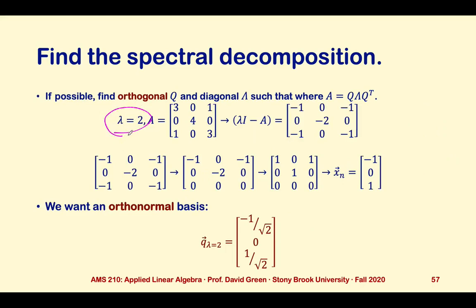Let's start with 2. Plug that into the expression lambda I minus A. 2 minus 3, 2 minus 2, 2 minus 3 gives us -1, -2, -1 on the diagonal. And the off-diagonal elements are just the negated off-diagonal elements of A. We want a basis for the null space of this.